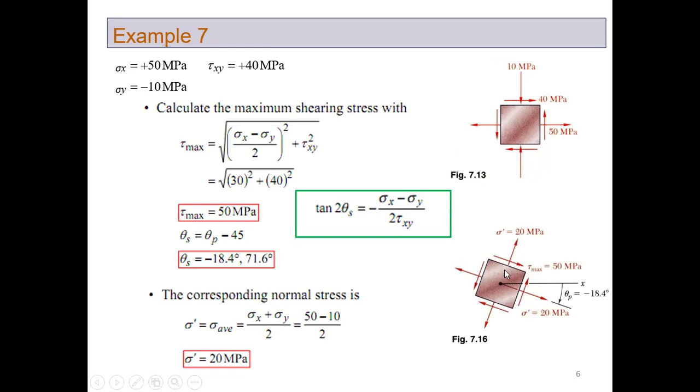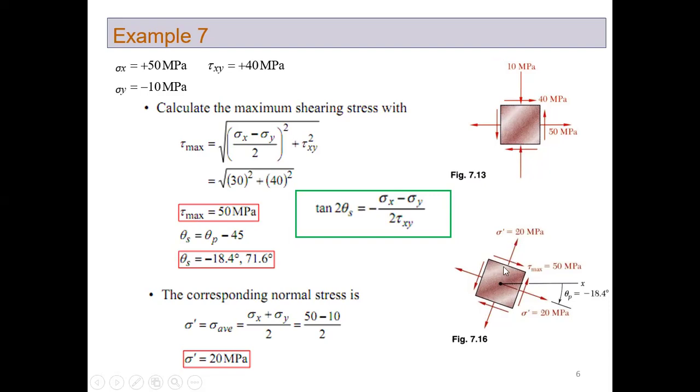If this shear stress is counterclockwise, the other shear stresses on the other faces would be clockwise. So draw those shear stresses. So this is the maximum shear stress, 50 MPa, and also this is the maximum shear stress, 50 MPa.